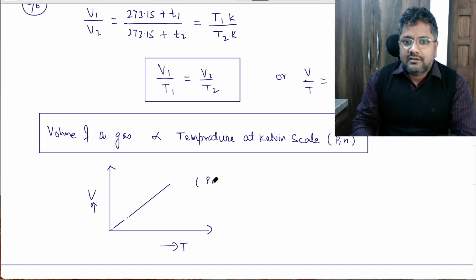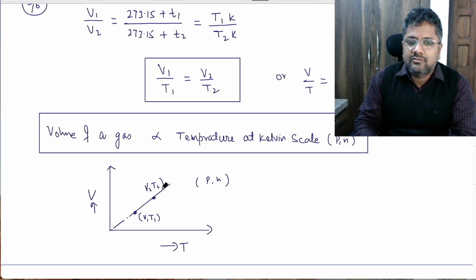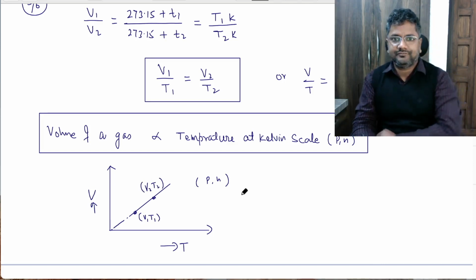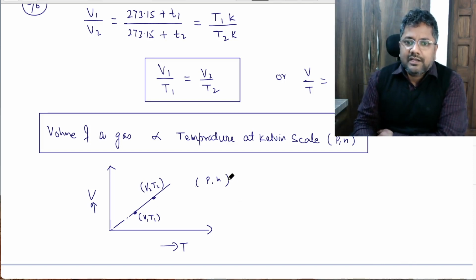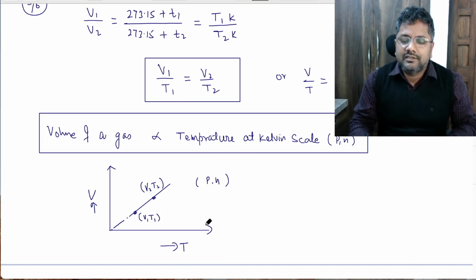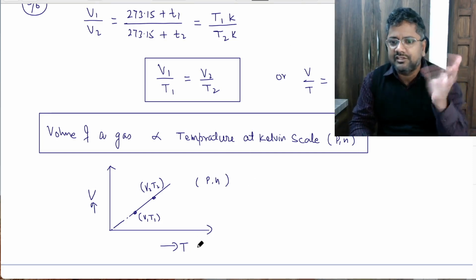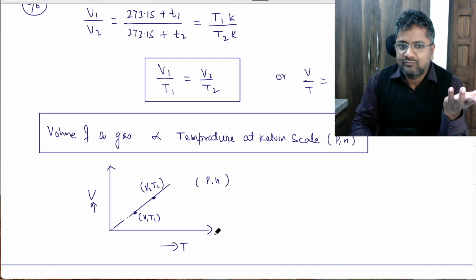P and N constant. So suppose that we have different points. So here V1 T1, and here V2 T2, right? P and N are constant. Clear to everybody? And this time there is no need to write here at the Kelvin scale. Capital T means Kelvin scale, right?